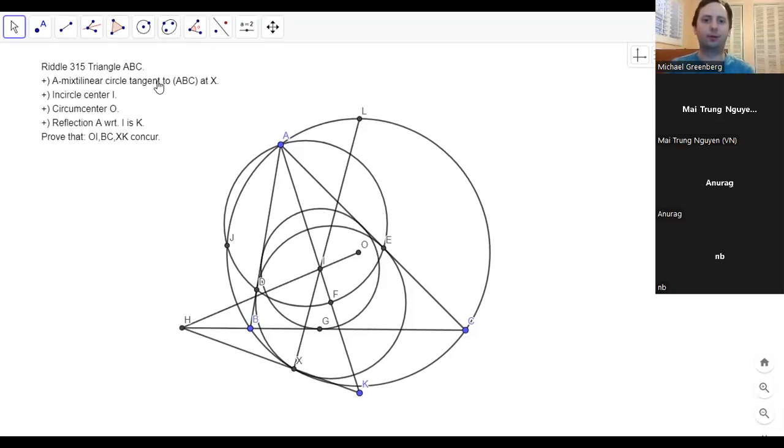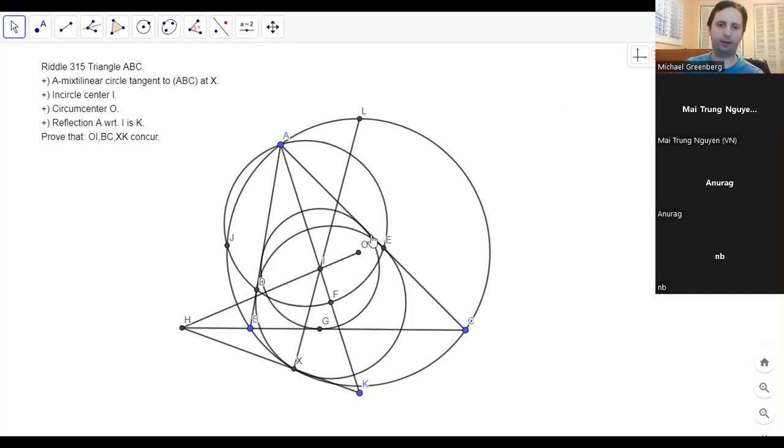Checking on BC in two different ways. Okay, so yeah, what's a good thing to project through? Let's see.